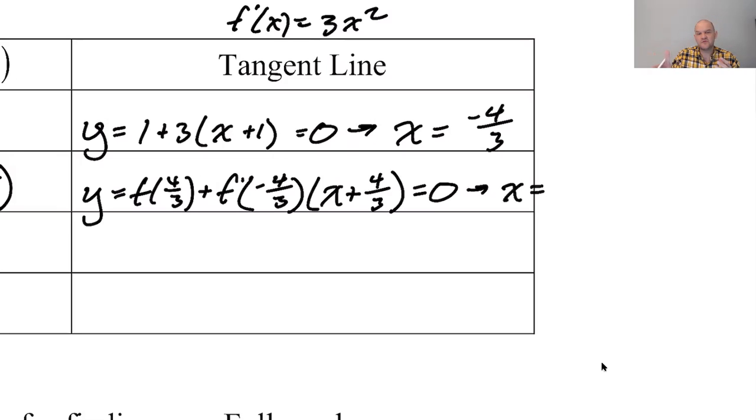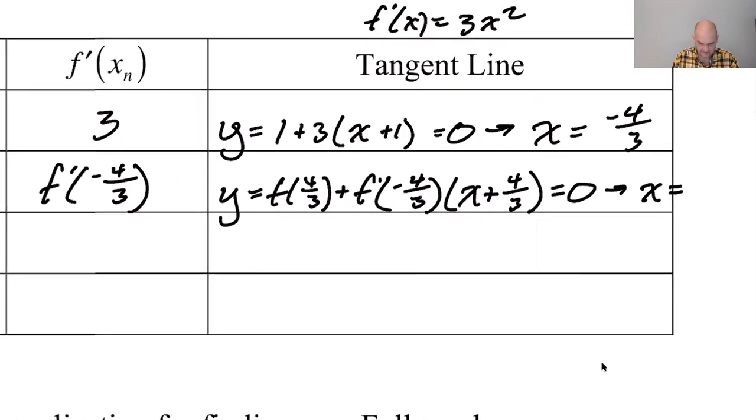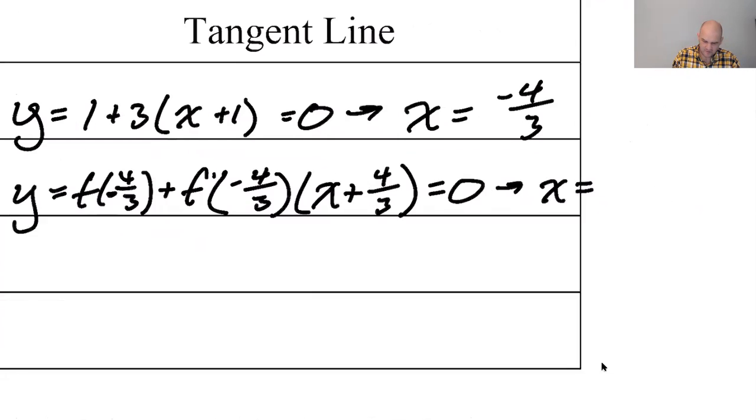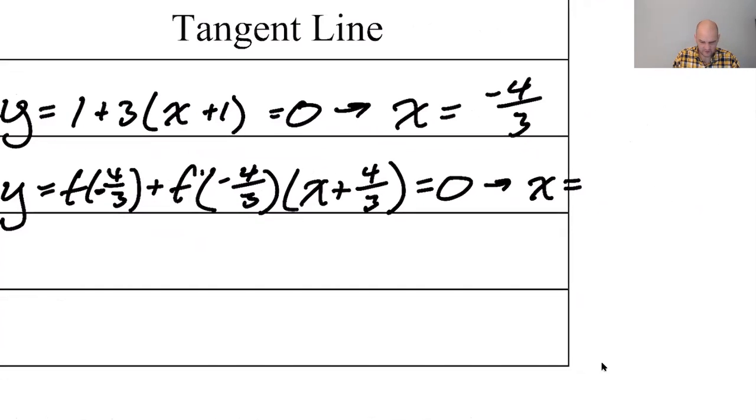I get x equals, so I'm solving this. I move f of -4/3, you should be negative. I'm going to move that over, so I get negative f of -4/3. I'm going to divide by f prime, and then I'm going to subtract 4/3. Basically add -4/3 to both sides.